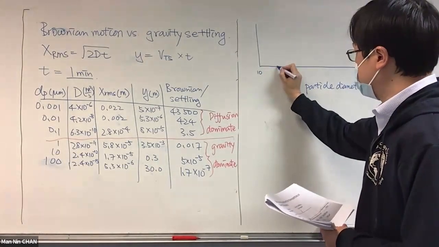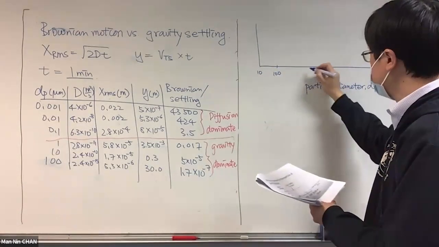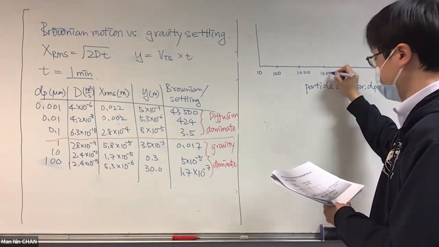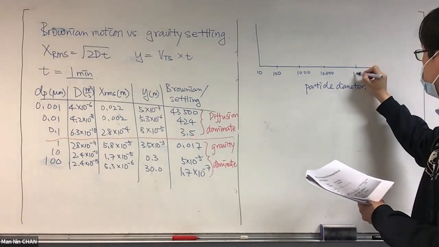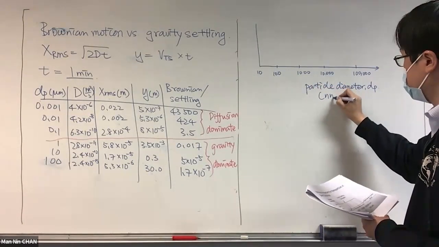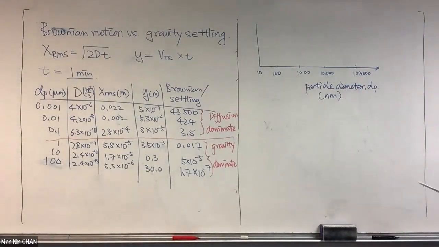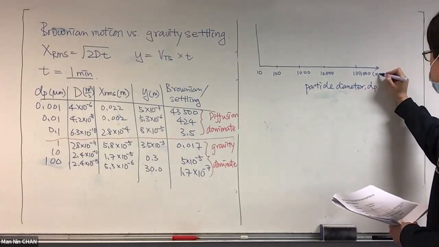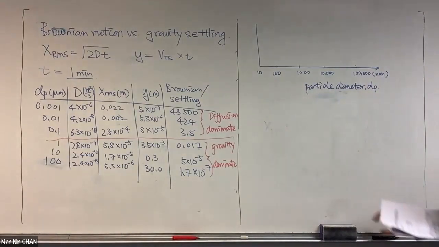Let's say this is 10, 100, 1,000, 10,000, and 100,000 in nanometer.